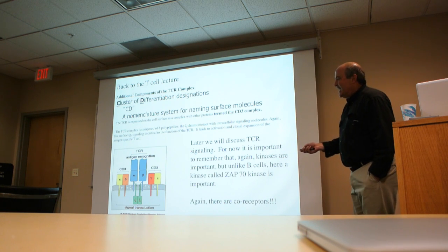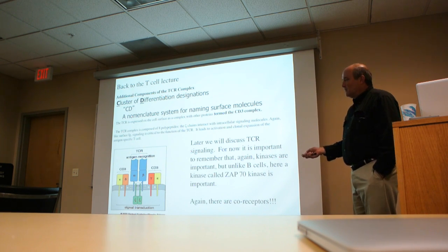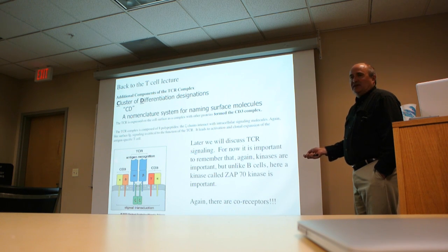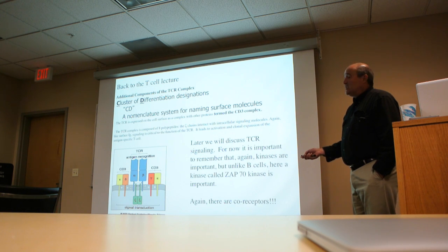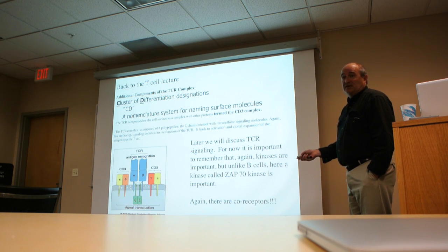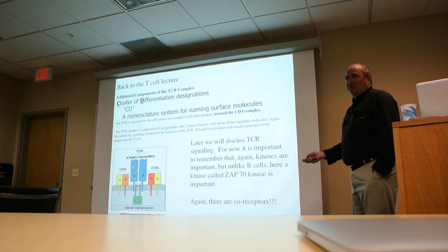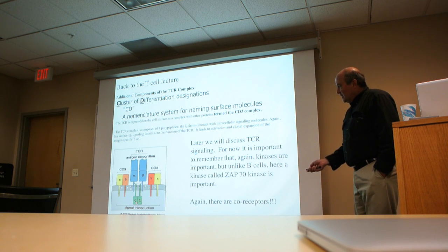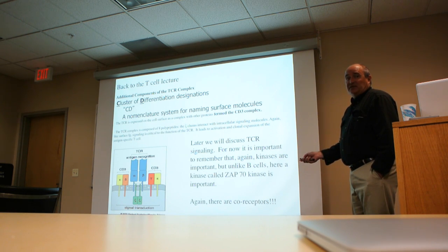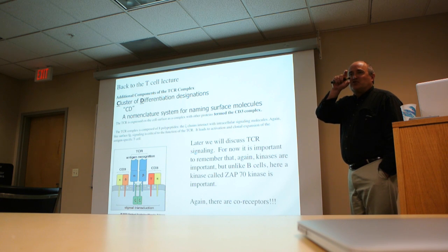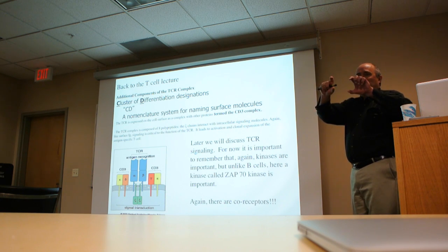So for the TCR, when we make a functional TCR, we've recombined the variable region, and we've generated diversity in the CDR3, most of the diversity from the junctional P and N nucleotides. We make this TCR, and remember in the B cell lecture, we express it on the cell surface, but it quickly associates with other proteins, just like that picture for the surface IG associated with other proteins.